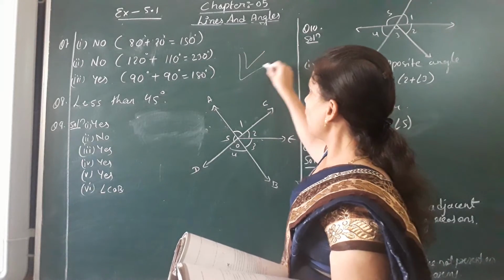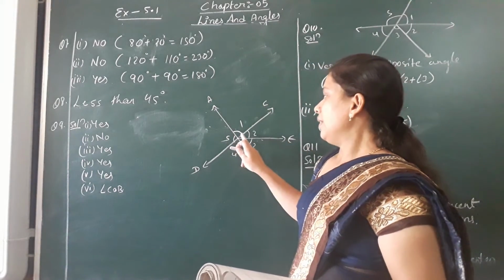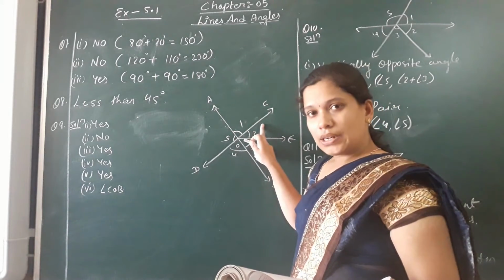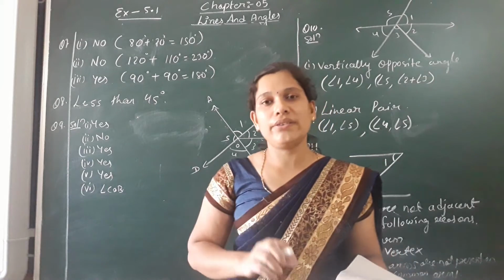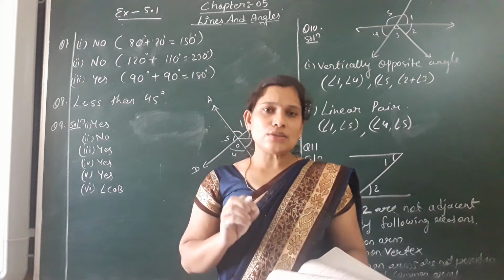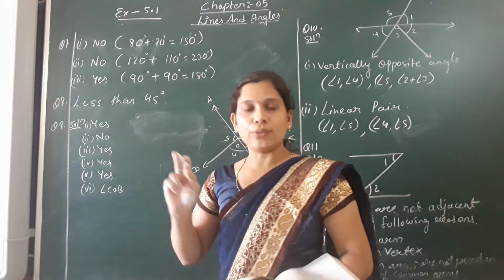AOC as well as AOE. So the answer will be no. Why is it no? Because both do not have a common arm. Both have the common vertex but they do not have a common arm. Even their non-common arms are not present on the opposite sides of the common arm. So that's why the answer will be no.